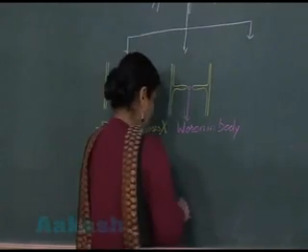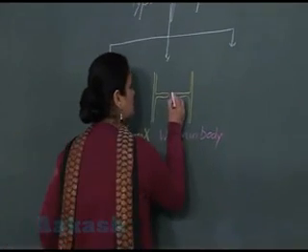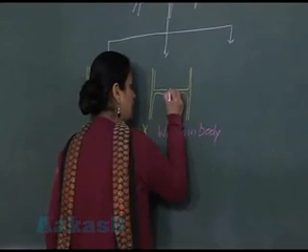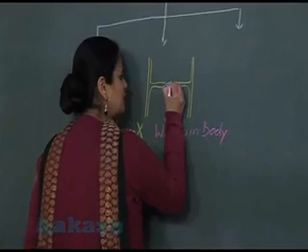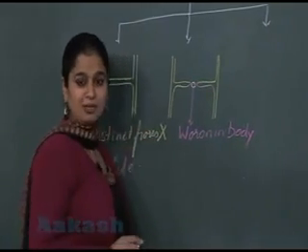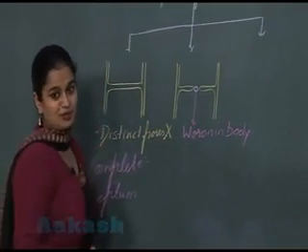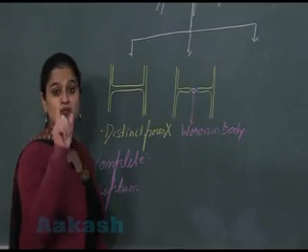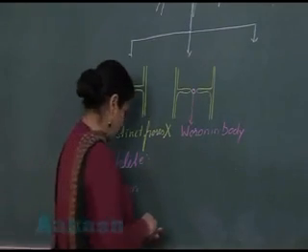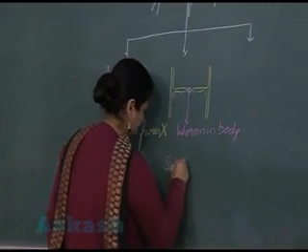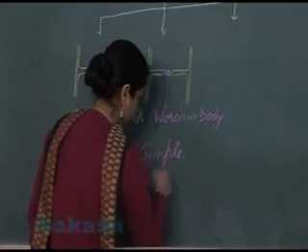Around the Woronin body there is presence of plasma membrane. Membrane present है. This type of septa where there is presence of single central pore, it is known as simple pore septum.